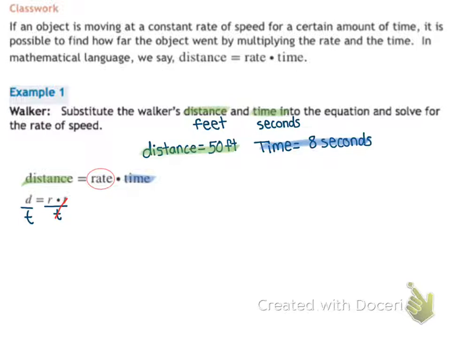So to do that, I need to divide both sides by the time to give me the formula distance divided by time equals rate. And again, that was the formula provided in the beginning of the lesson. If this confuses you, just memorize that distance over time equals rate, and you can write it as rate equals distance over time.